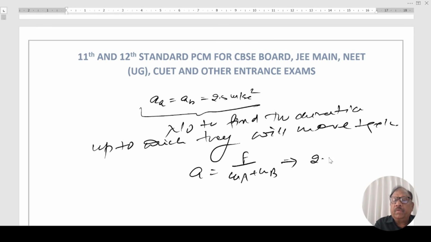That is 2.5 equal to 2T divided by 2 plus 4, 6. 2T equal to 6 into 2.5.